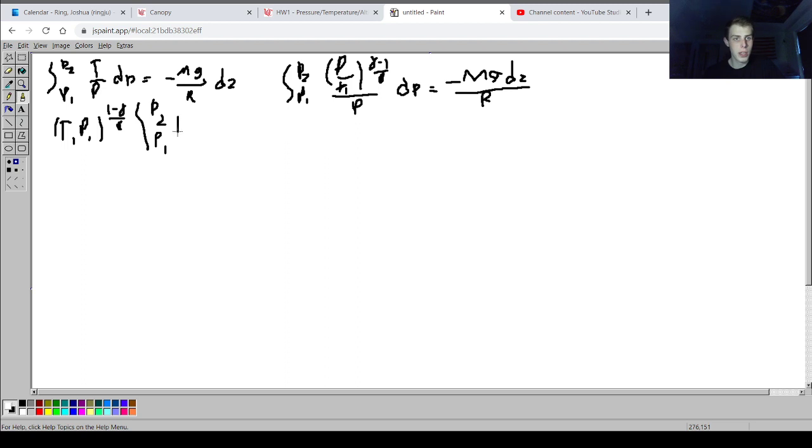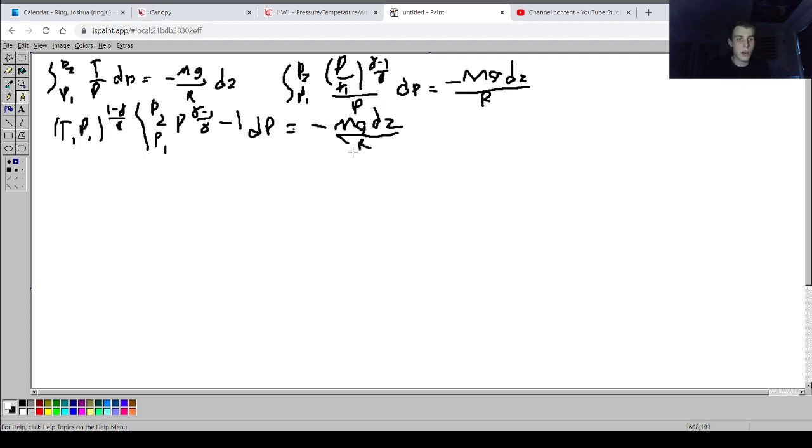So this is going to be p, just our basic p, and it's going to keep the same exponent from before, lambda minus 1 over lambda. And then this is also going to be subtracted by 1. And then we'll have our dp, which stays. And then it is equal to, same thing as before, negative molar mass times gravity times the change in position over r.